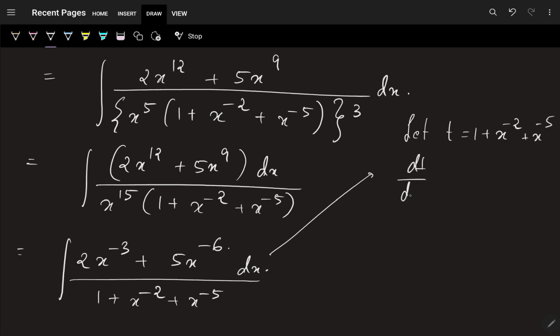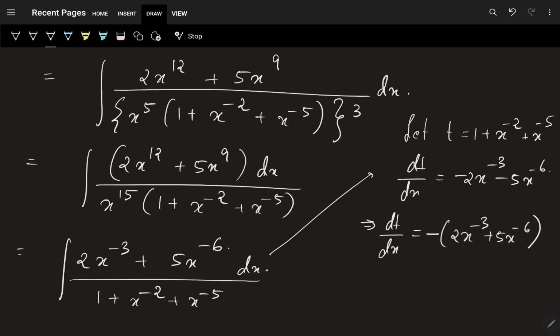So dt by dx is minus 2x to the power minus 3 minus 5x to the minus 6. So if I take the minus common, dt by dx will be minus of 2x to the power minus 3 plus 5x to the power minus 6. So minus dt will be 2x to the power minus 3 plus 5x to the power minus 6 dx.